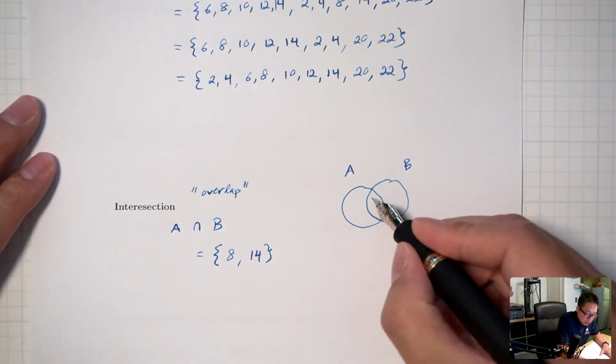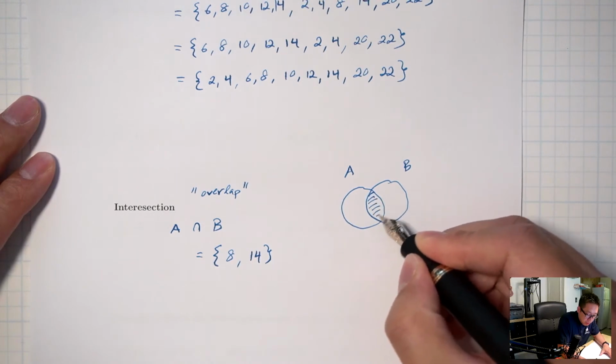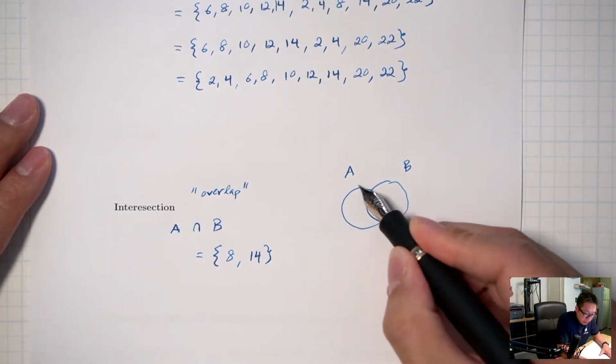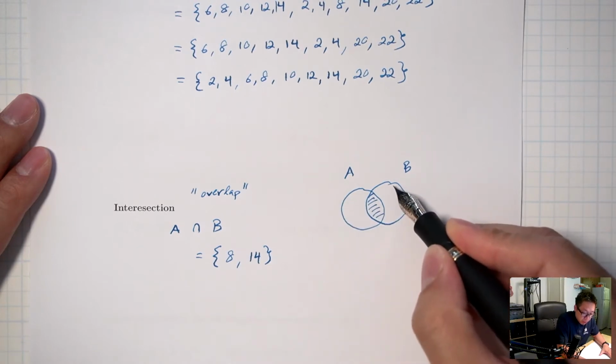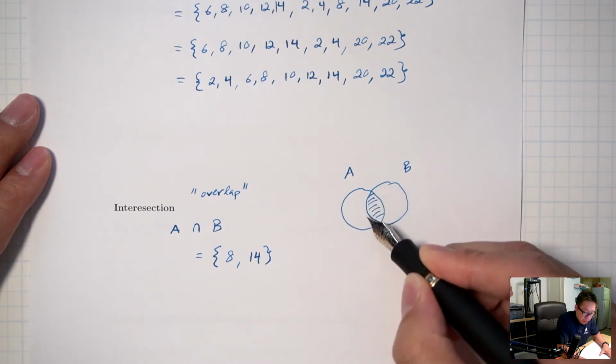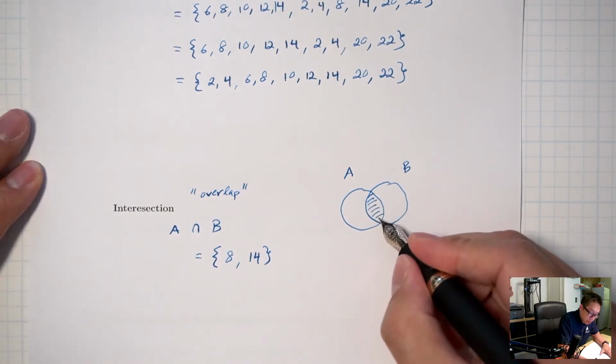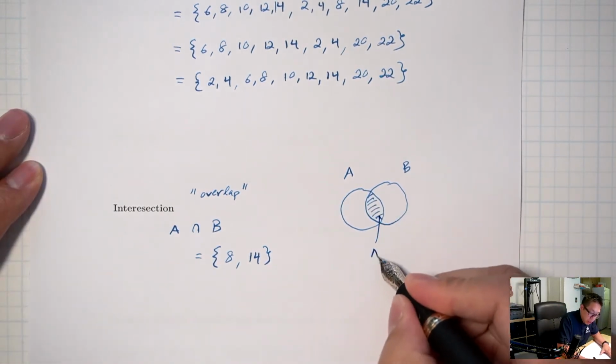Notice that this area in the middle is in both circles. It's in circle A, and it's also at the same time in circle B. That's what I mean by the overlap. So the overlapping part is the intersection.